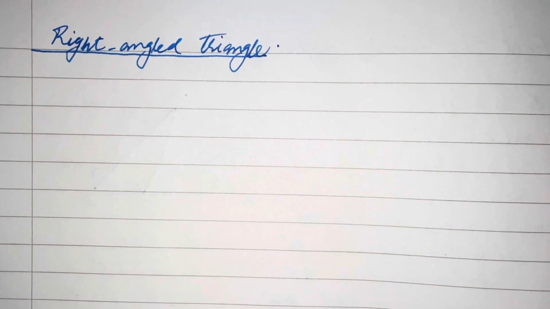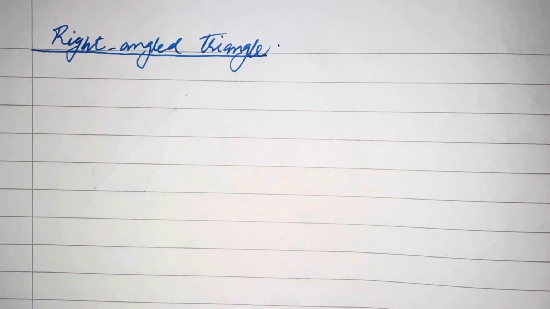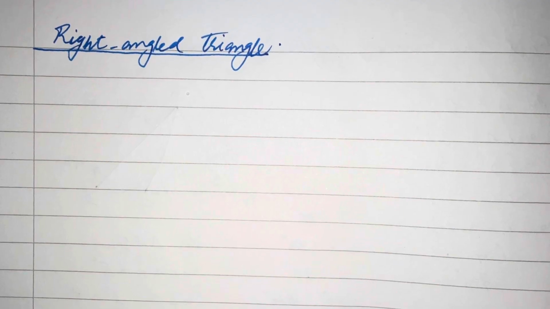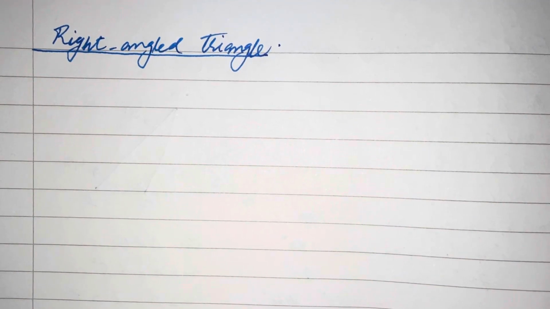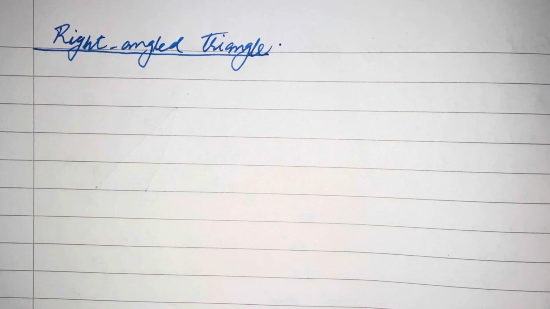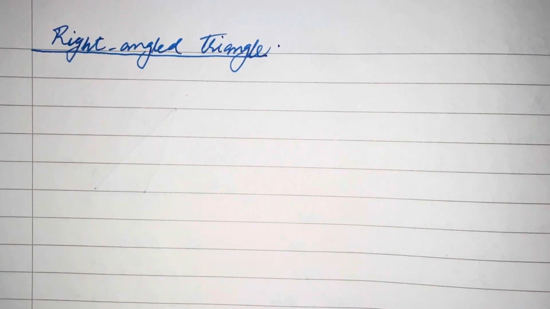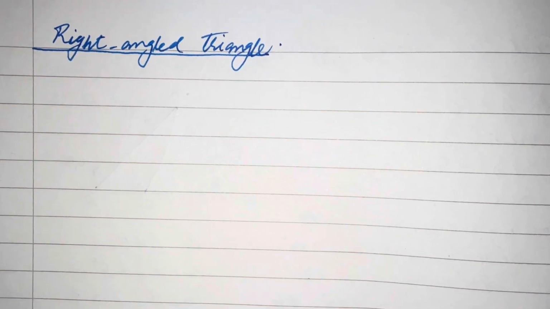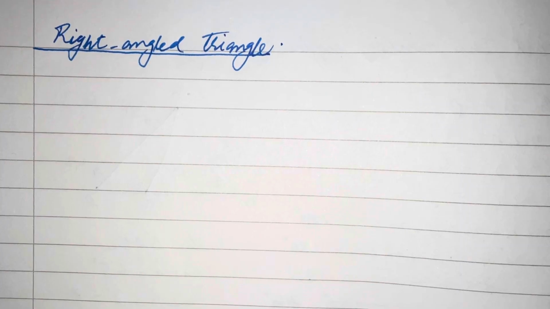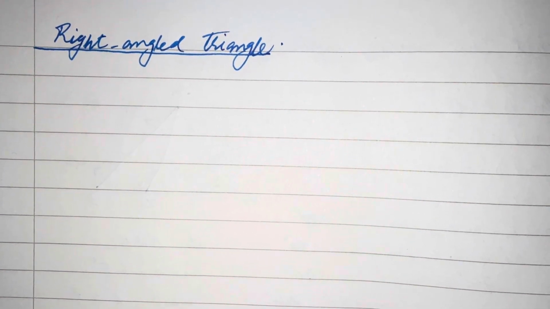An acute angle triangle has all angles less than 90 degrees, an obtuse angle triangle has one angle greater than 90 degrees, and a right angle triangle has one angle equal to 90 degrees.